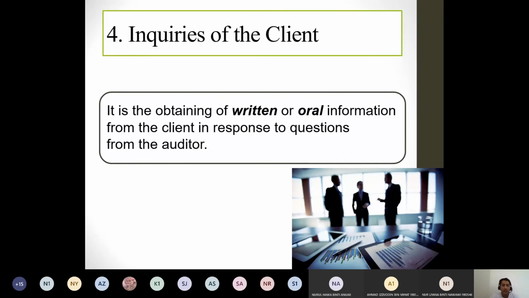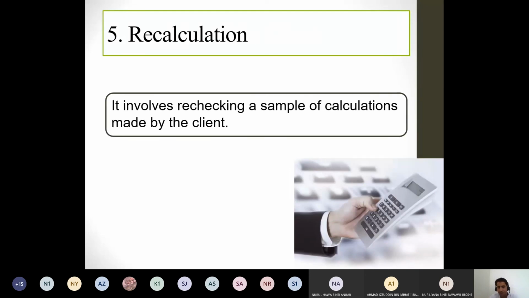So it is about inquiring information from the client, asking them about some doubts or questions that the auditor needs answered. That will be one of the evidence. Their answer is evidence. For sure, written inquiries are better than oral.